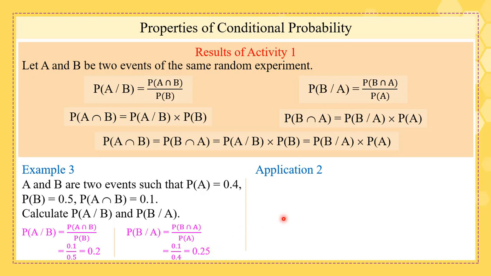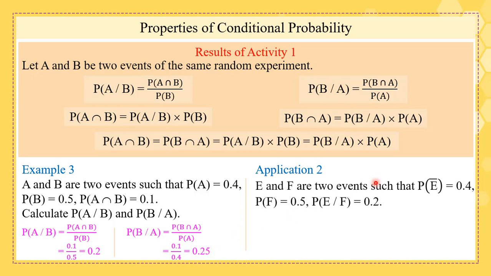Now let's see this application. E and F are two events such that P of E bar is 0.4. This is P of F and this is P of E given F, and the question is to calculate P of F given E. Try to do it alone, try to manage between these formulas and previous ones. Well, let's begin.